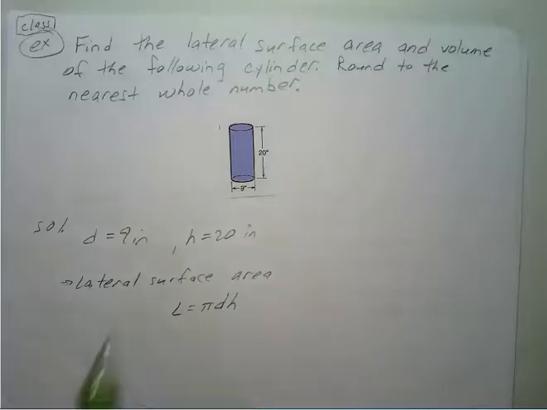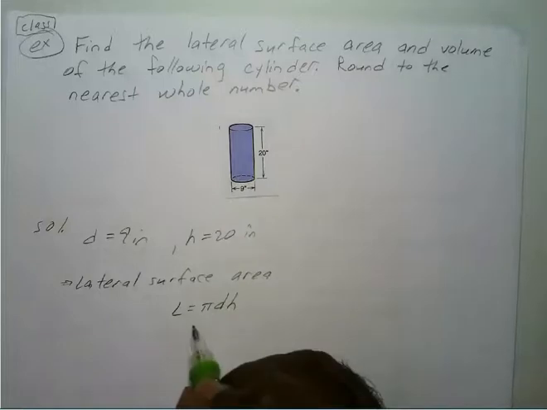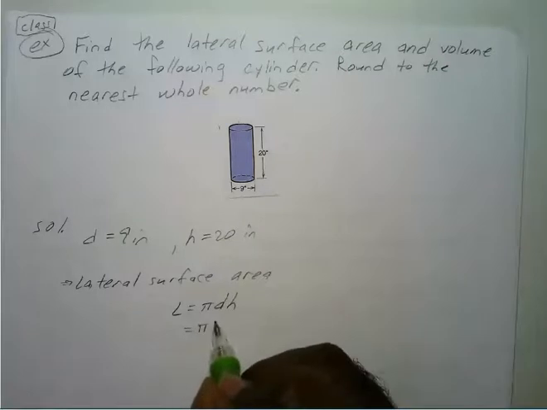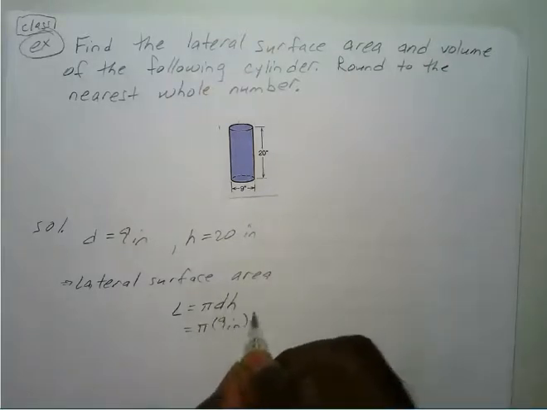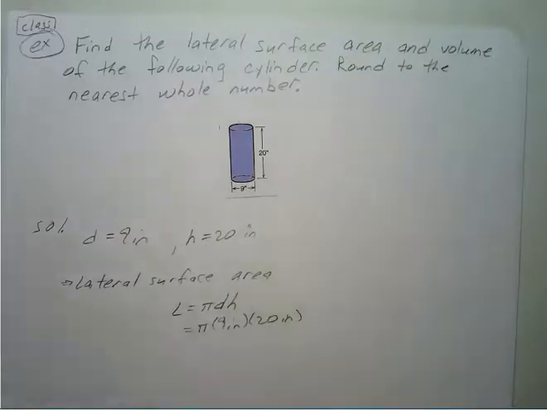Now if we were given the radius, then we'd use the radius formula. But since we have the diameter, we're going to use the diameter formula. Okay, so that's going to equal pi times the diameter, which is 9 inches, times the height, which is 20 inches.